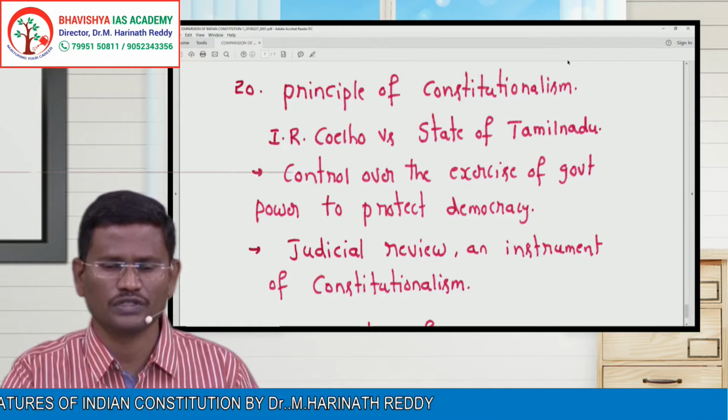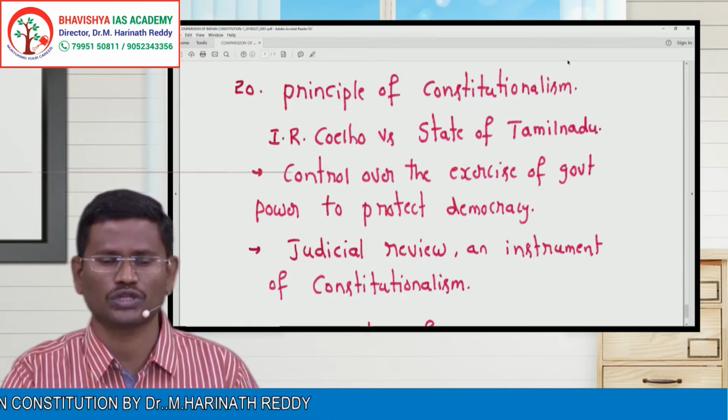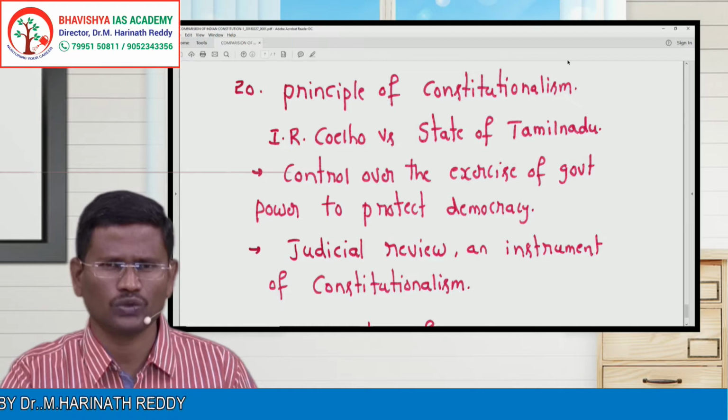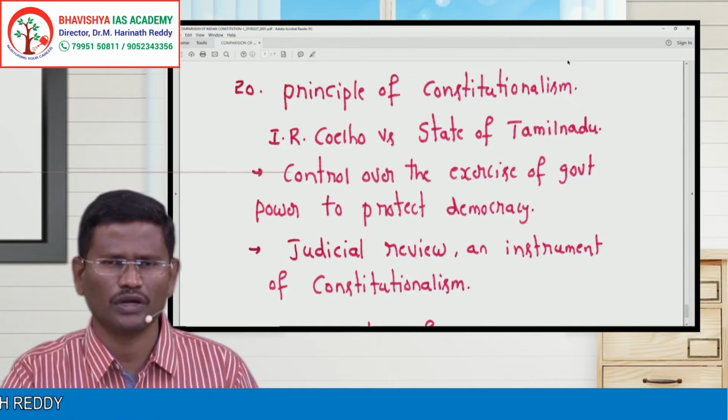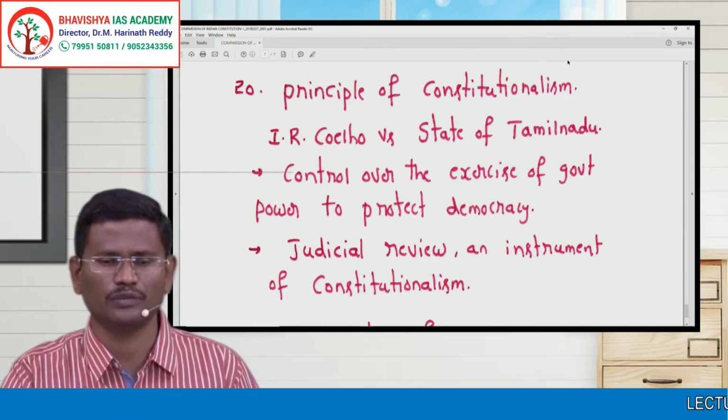So judicial review is the instrument of constitutionalism. Judicial review is the tool through which government powers are regulated and limited.